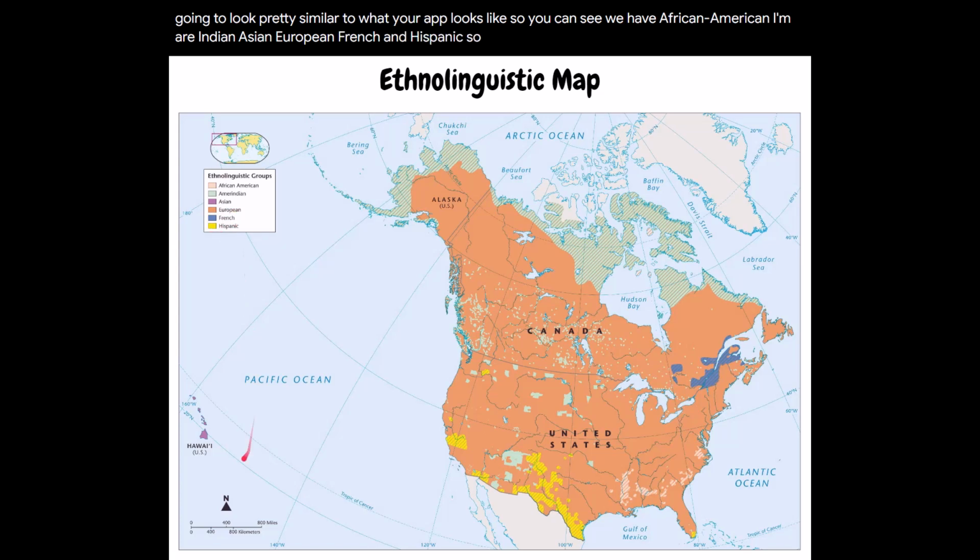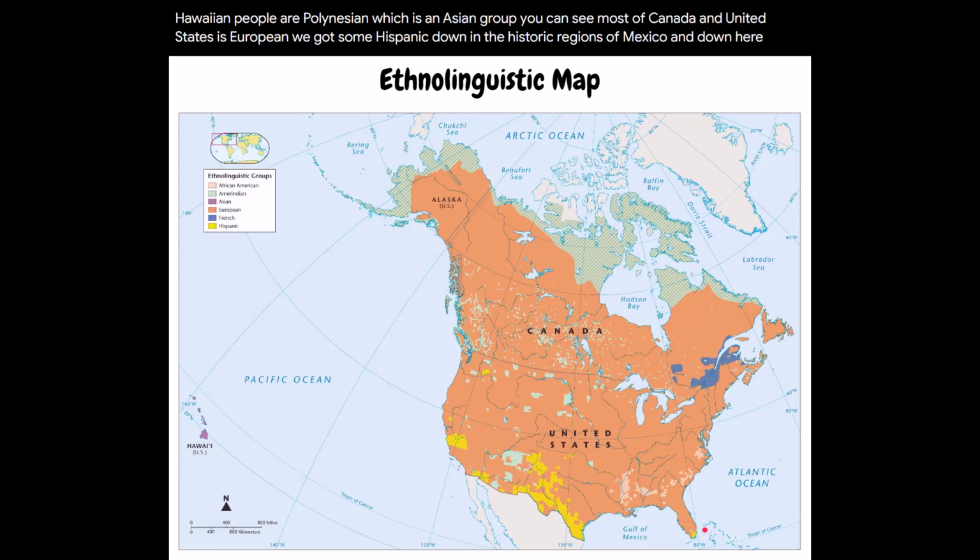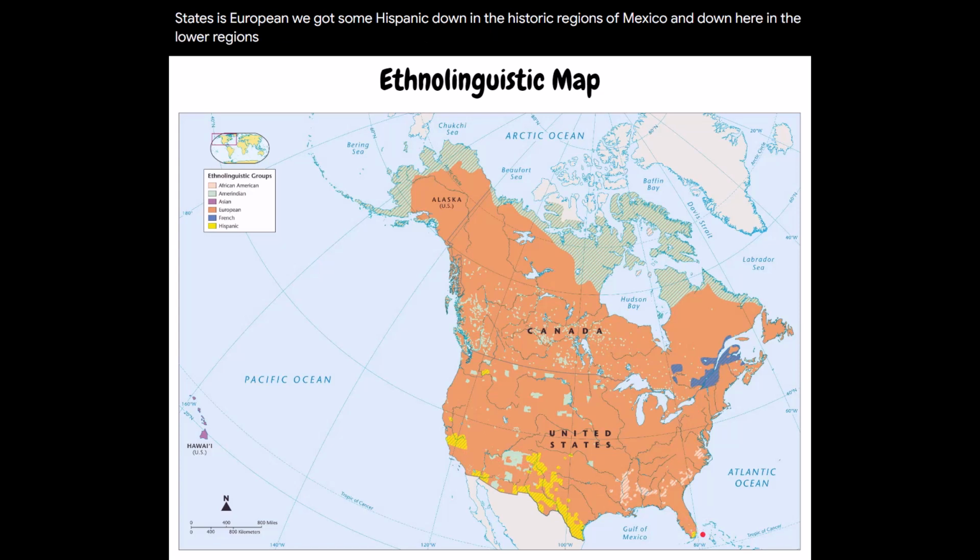Asian is down here in Hawaii because the Hawaiian people are Polynesian, which is an Asian group. You can see most of Canada and the United States is European. We got some Hispanic down in the historic regions of Mexico and down here in the lower regions of Florida.